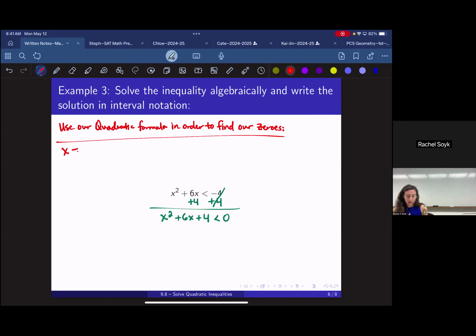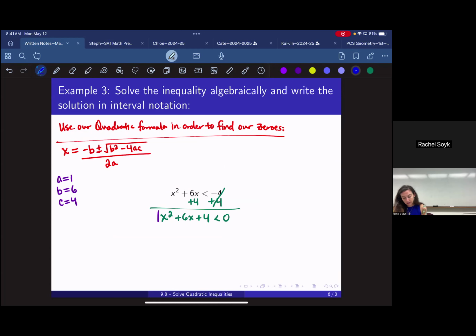So x equals negative b plus or minus square root b squared minus 4ac all over 2a. Our a here is equal to 1. Our b is 6, and our c is 4.